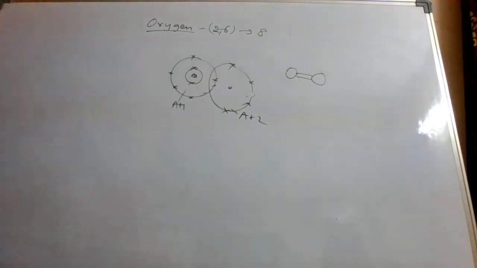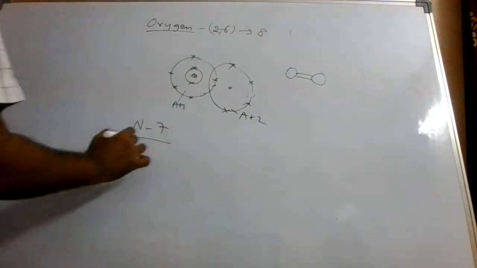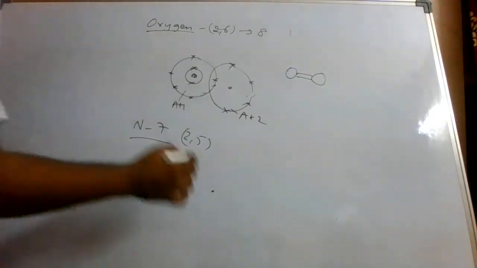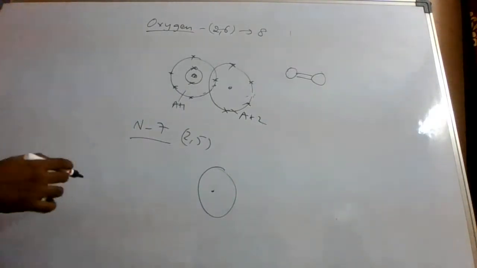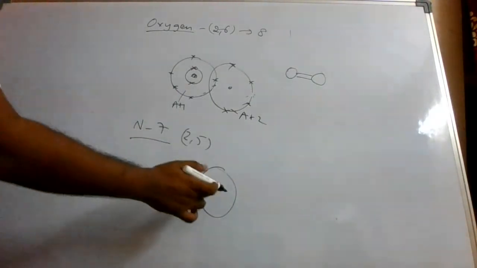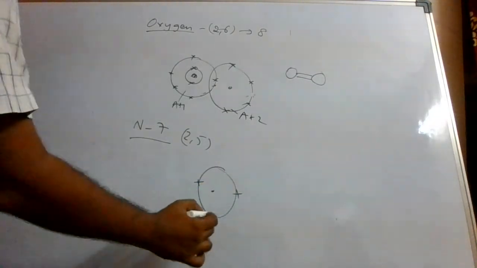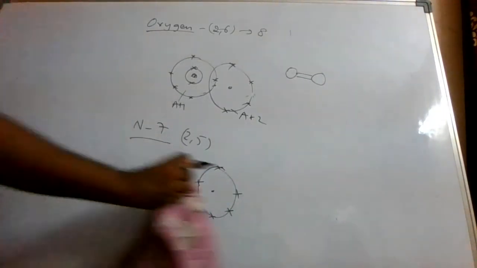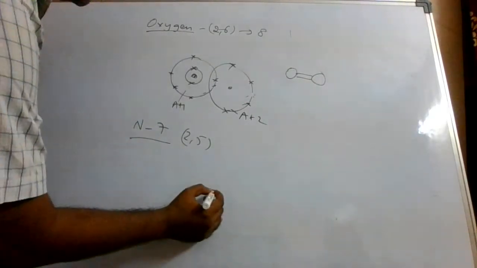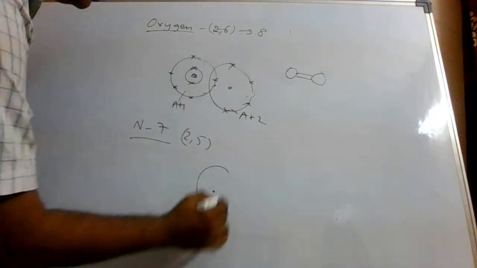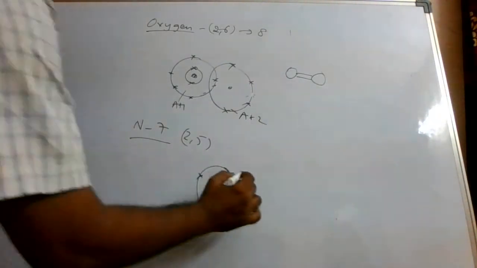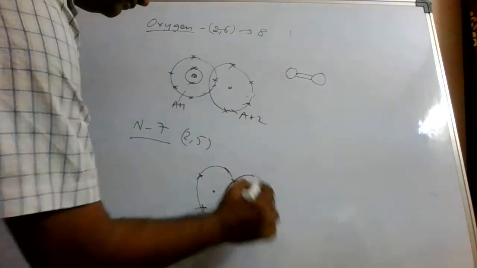Okay. Take the case of nitrogen. Nitrogen, it is 7. So the combination is 2, 5, right? If I draw only the outermost shell, the first orbit will have 2, the next orbit will have 5. So it will have 1, 2, 3, 4 and 5. In nitrogen, what happens is it forms a triple covalent bond. So the diagram will be something like this. This is my nucleus. 1, 2, 3 like this. Here also you will have another 1, 2.